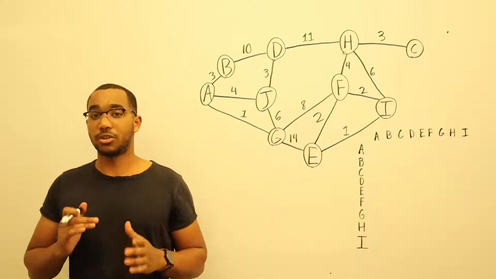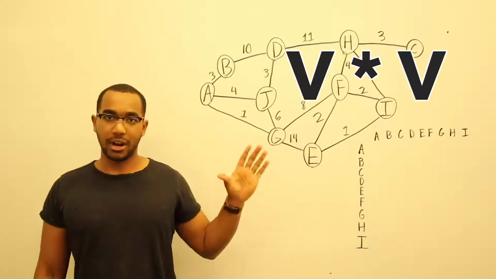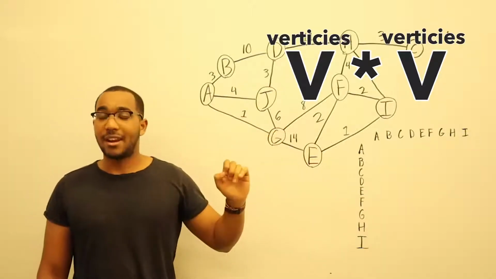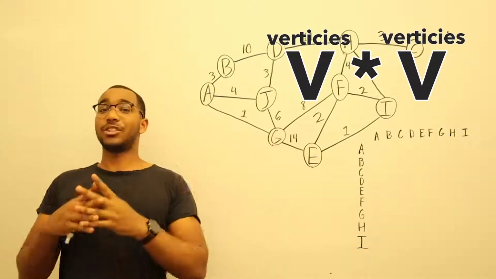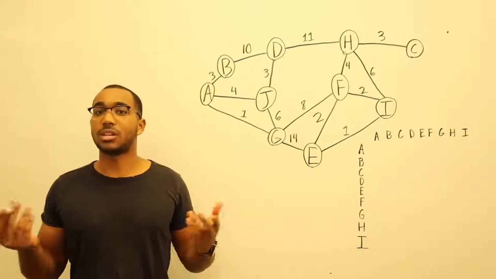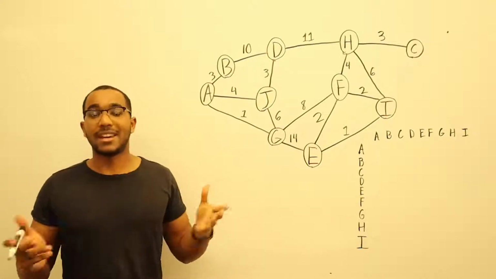What an adjacency matrix is, it's a V by V grid where V represents the amount of vertices. It's a V by V grid that represents, do I have a connection between any two nodes? So let's just fill this out and we can demonstrate what this looks like. For A, what can A reach?